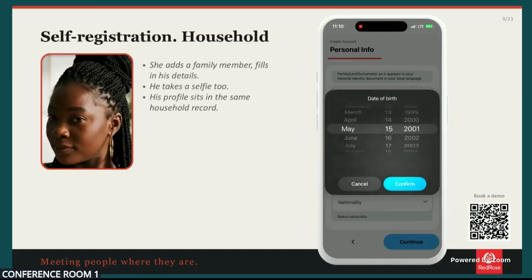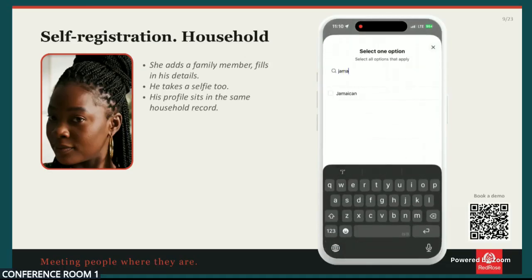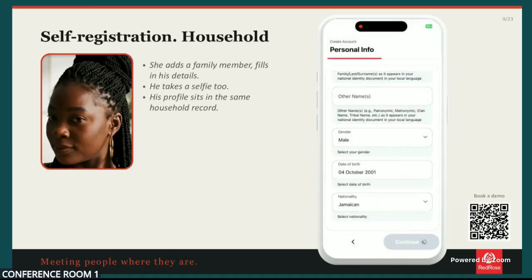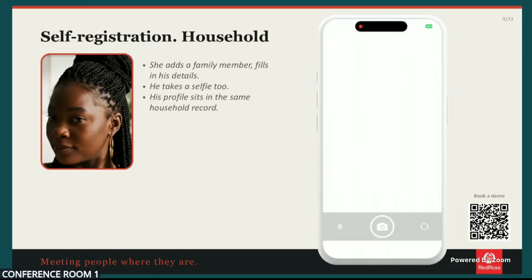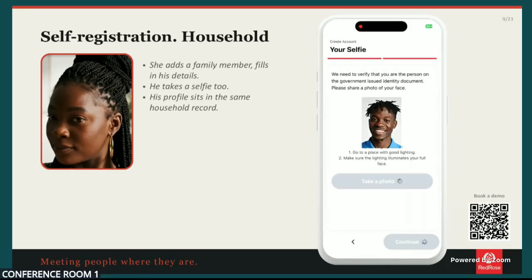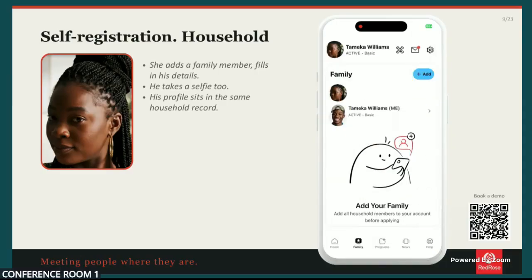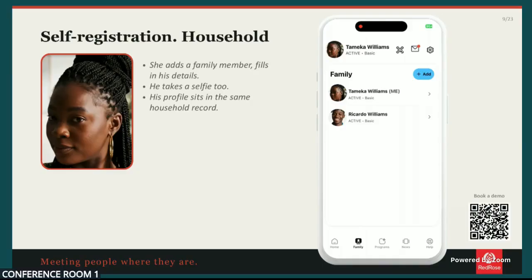She's filling in the same information as before: name, surname, date of birth, etc. And then he will need to take a selfie as well. After that, his profile will be created under her profile, right? So this is one household and one record. Then when a program becomes available, when it's actually time to apply for assistance, the whole household is already accounted for, okay?